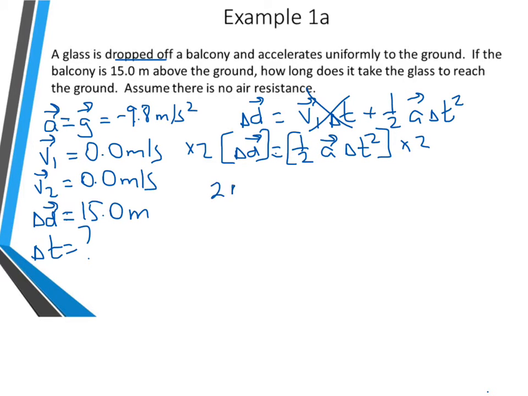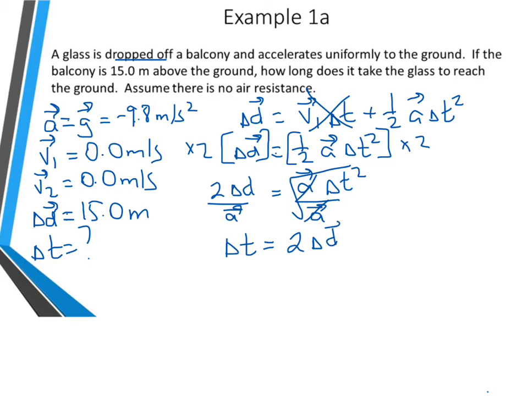So we'll have 2 delta D equals a delta T squared. Then we're going to divide both sides by a and take the square root, and that will get us our delta T. So our rearranged formula is this. Apologize, the writing is a little bit messy.